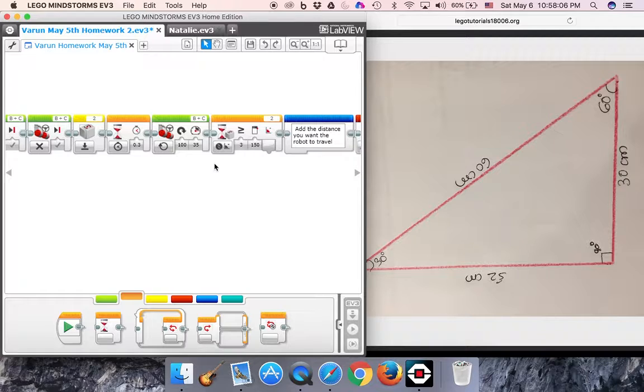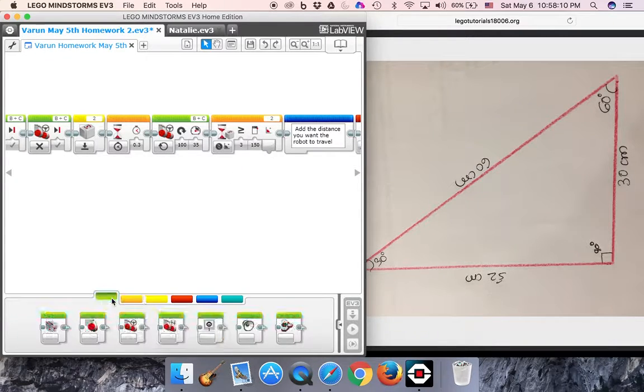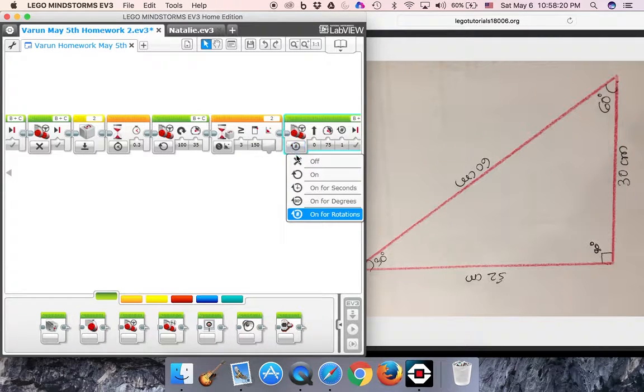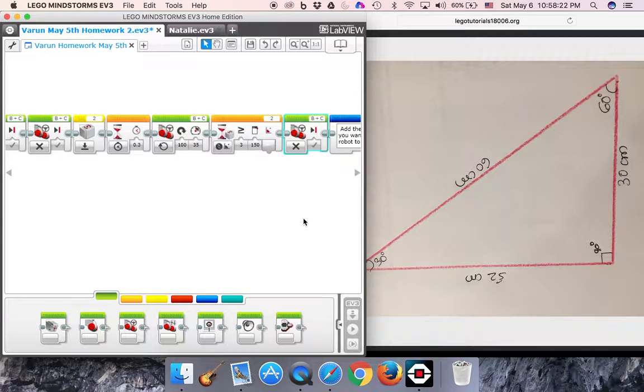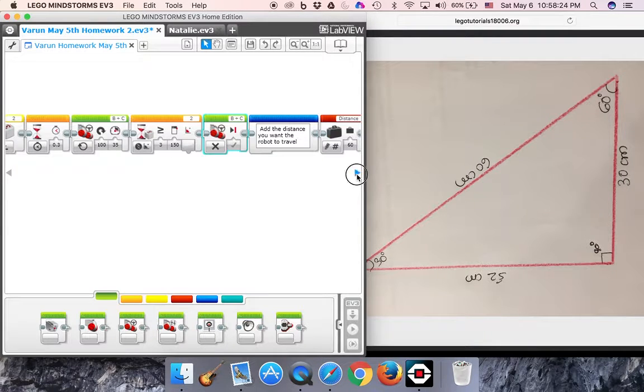So the motors are moving to the right. As soon as they detect the angle has gone to 150, then you need to give it a command. The EV3 is asking you, what am I supposed to do? We're going to turn off the motors. Great, the motors are off.